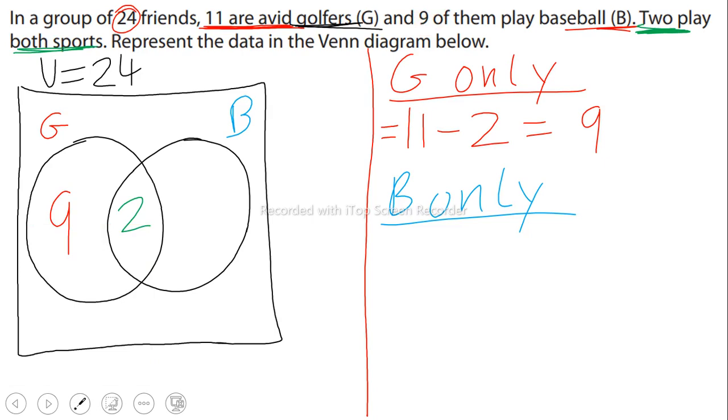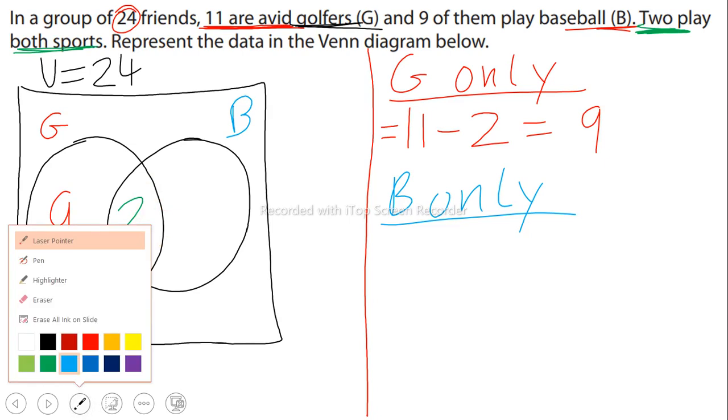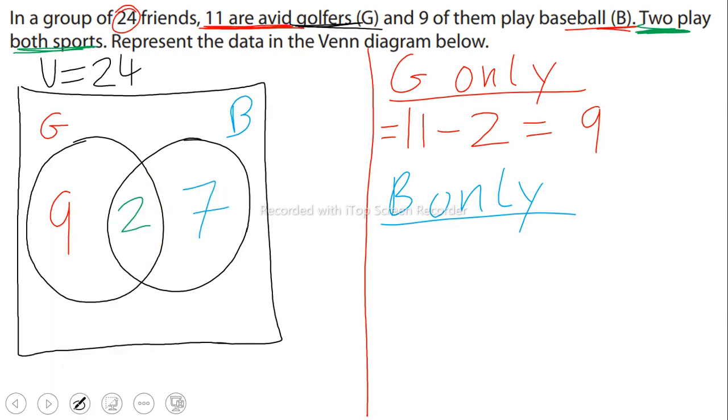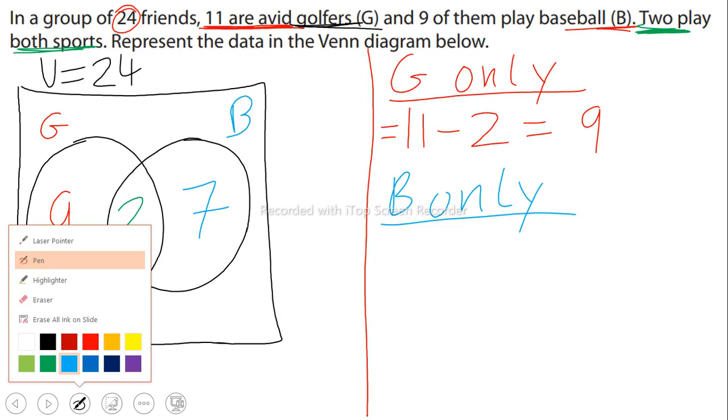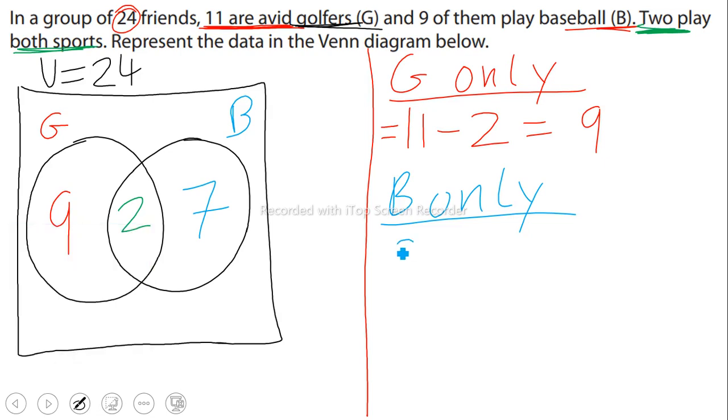So if we want B only, what can we add to the 2 to give us 9? It's going to be 9 minus 2, which equals 7.